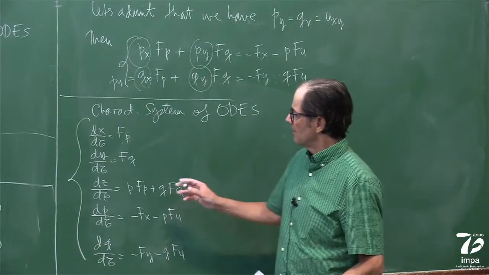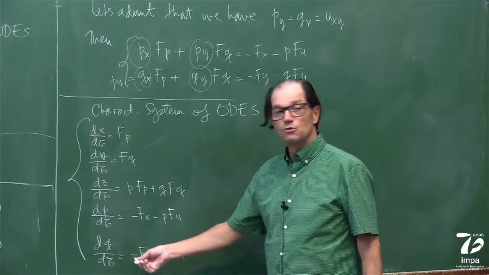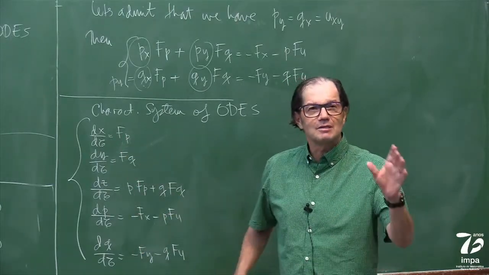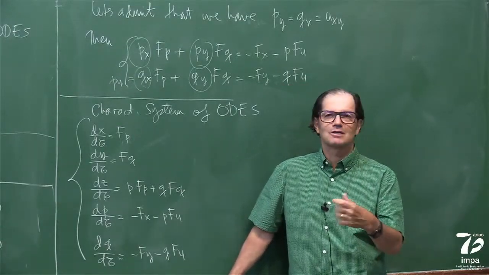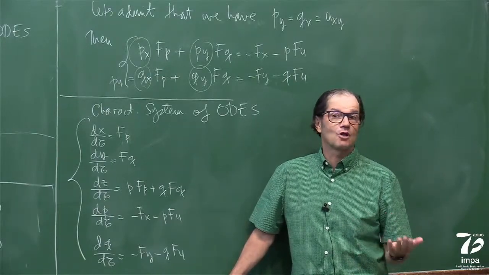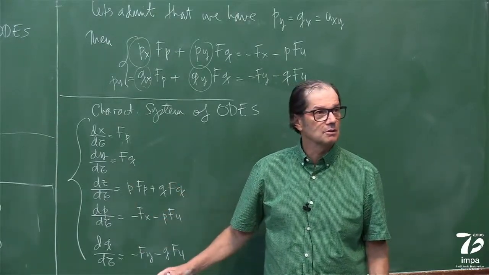Now, 5 by 5. We got how P and Q will evolve along a characteristic. So let me, good. I was almost going to make a mistake, which is not a mistake. Let's make an agreement, a little bit like simplifying the terminology, right? This is the characteristic equation, right?